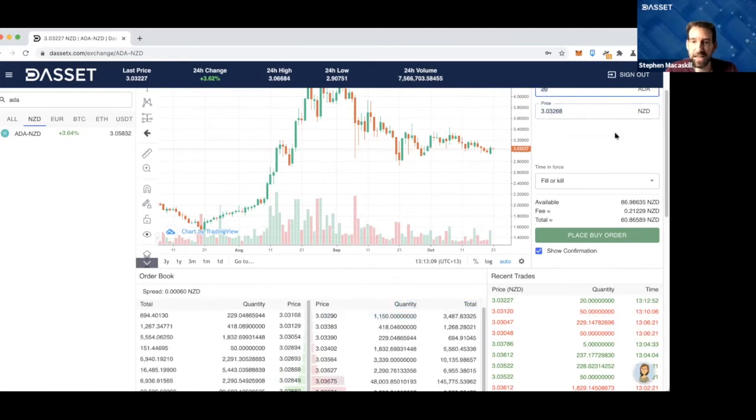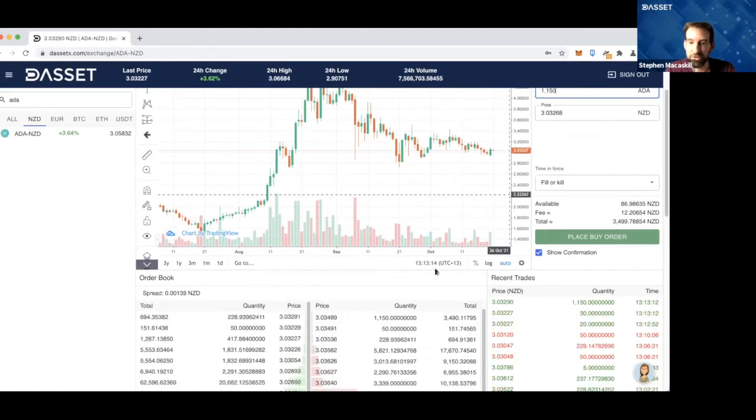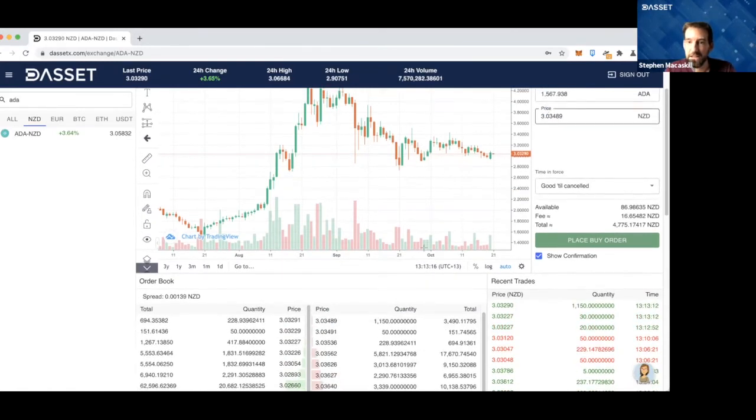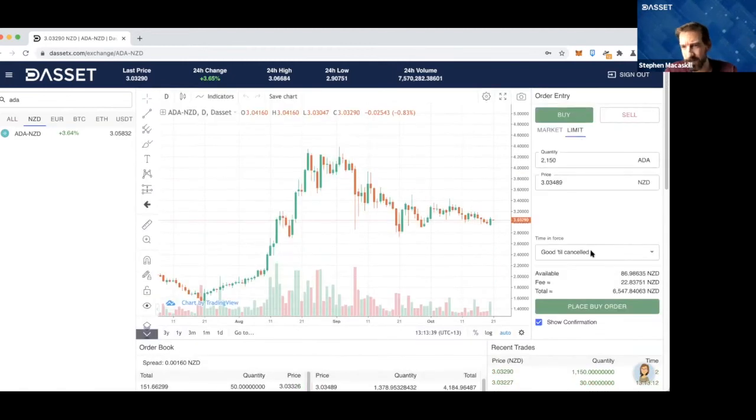Let's say I do this quantity, and just pretend I'm doing it here. Oh, that's interesting. If I do this, it should fill, and the order should complete. But if I change it to 2,000, then the order would cancel because there isn't 2,000 Cardano at that price. So it does make a big difference based on fill or kill.